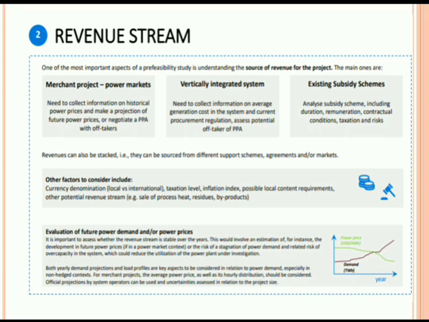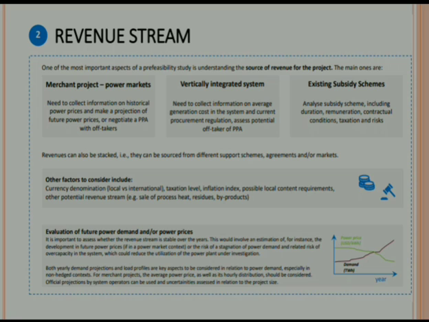And the third one is existing subsidy schemes. In this we will analyze the subsidy schemes, including duration, remuneration, contractual considerations and taxation risk. All these terms we will consider for whatever existing subsidy schemes we have for the particular project.